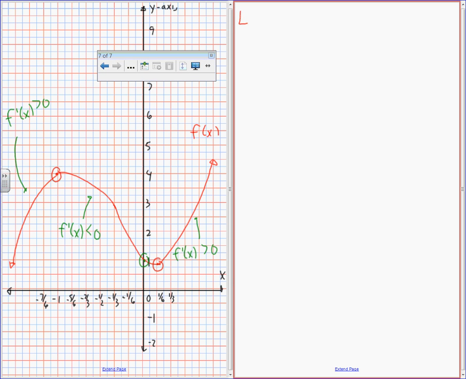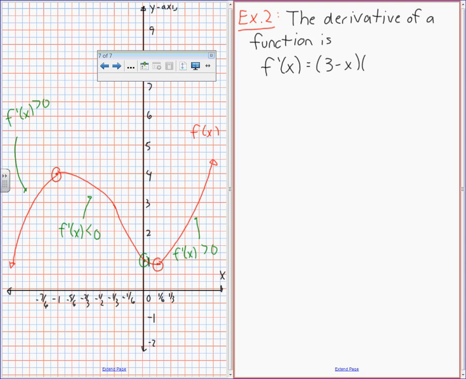This is a little bit different than my note. I'll do example 3 first. Example 2 is going to say the derivative of a function is f prime of x is equal to 3 minus x, 2x plus 1, and x plus 2 squared.